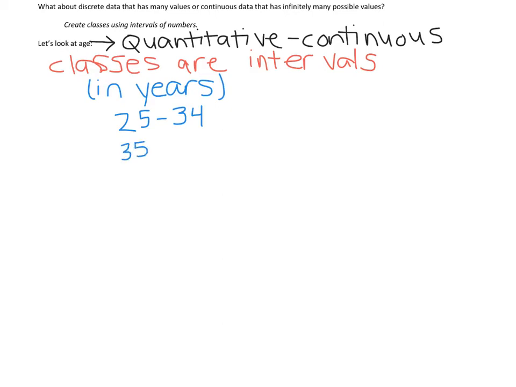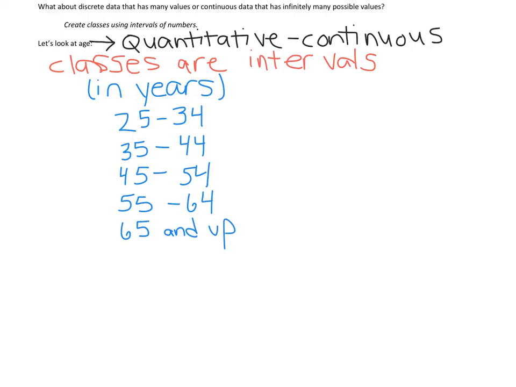And let's say we go 35 to 44 years old. And so our next class should start at 45, etc., etc. How high are we going to go? Well, let's do a couple more. And then we'll hit the retirement age. And we'll just go 65 and up. So age, quantitative continuous, our classes are intervals.